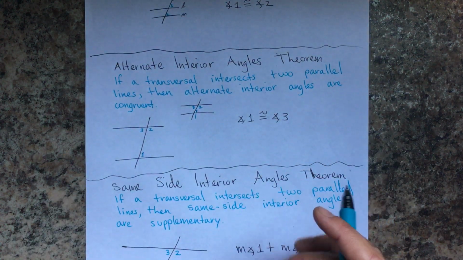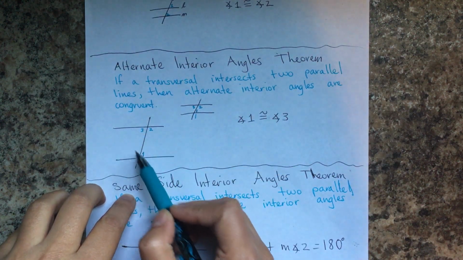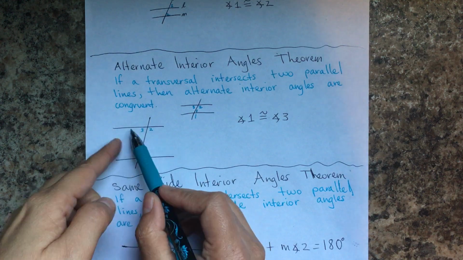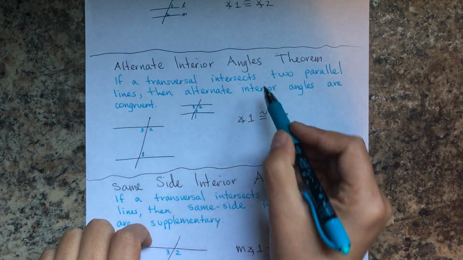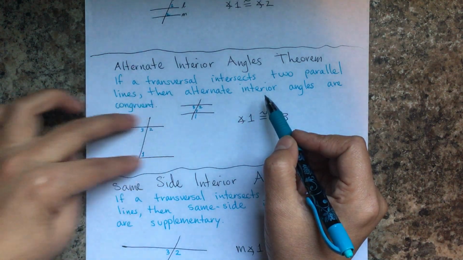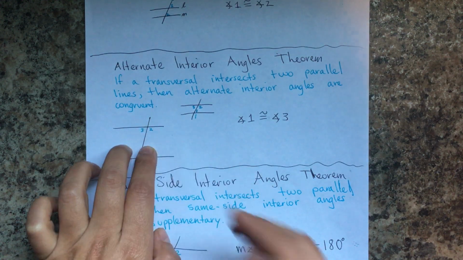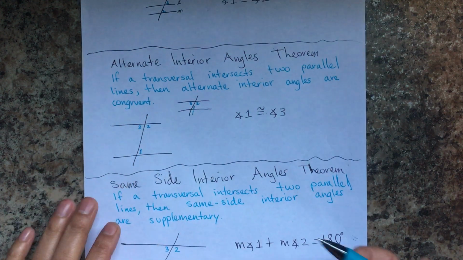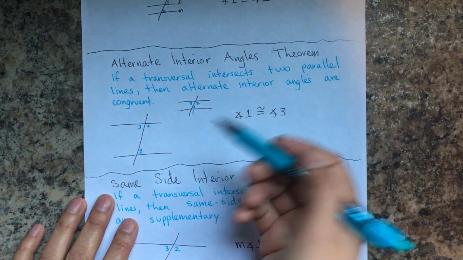First of all, alternate means that it's to either side of the transversal. One is on one side and the other one is on the other side of that transversal. Interior because it's inside of the parallel lines. External will be here. Internal is inside of the parallel lines. And angles, well, it's just angles.